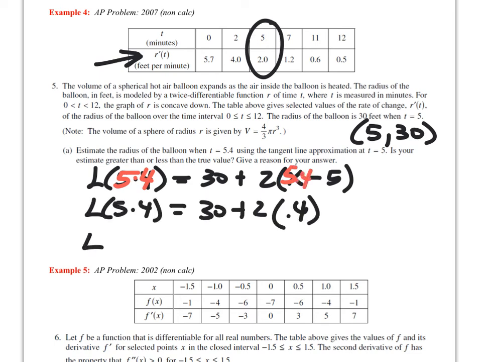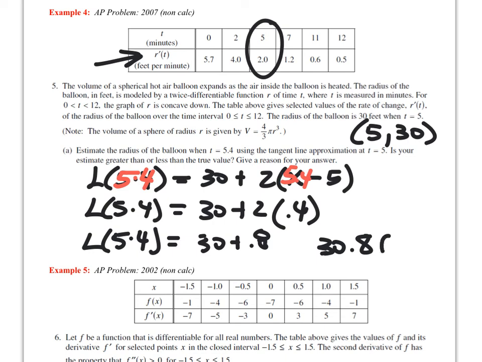So my linearization would be 30 plus 0.8. So it looks like the approximation would be 30.8 feet. Is your estimate greater than or less than the true value?